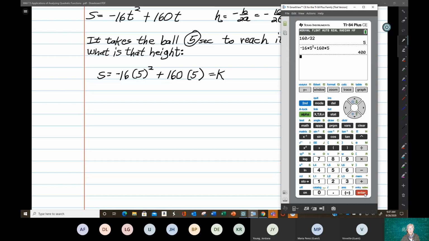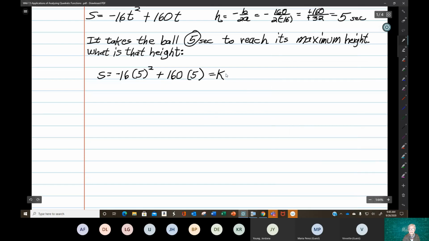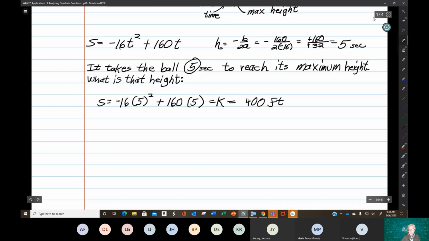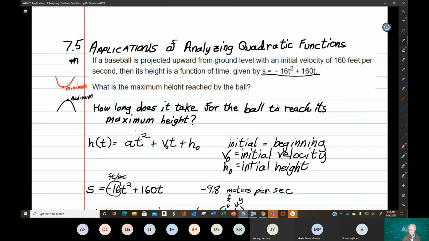Enter. 400 feet. Our ball is going to get as high as 400 feet and no higher. So 400 feet is the answer.